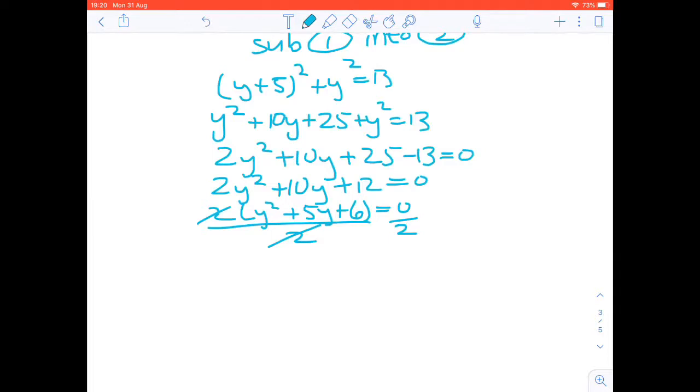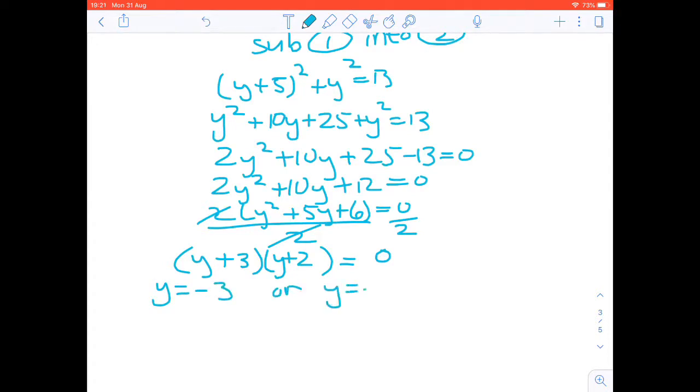And if you factorize that, you will get two brackets with factors of 6 of 3 and 2, and they're both positive. So y equals negative 3 or y equals negative 2. And then we can call these two our third equation.